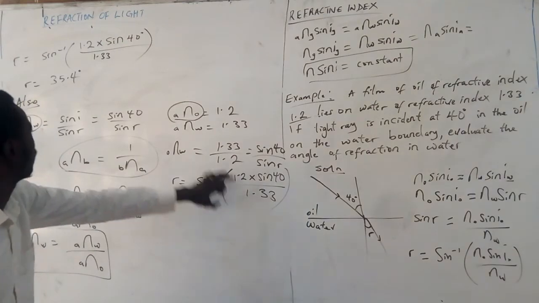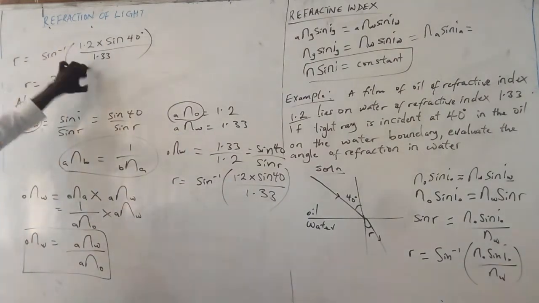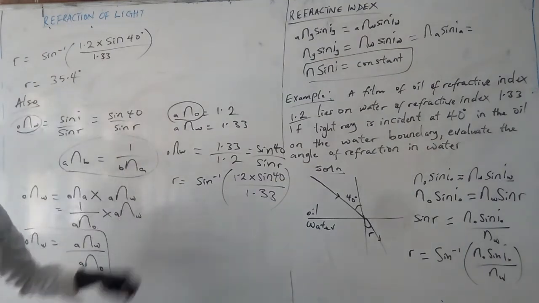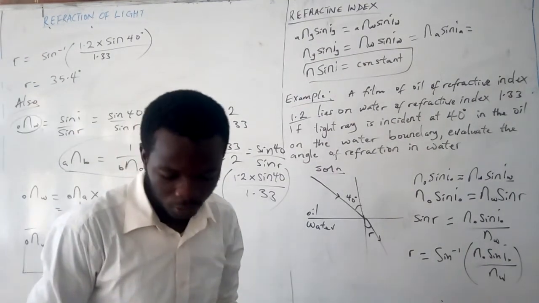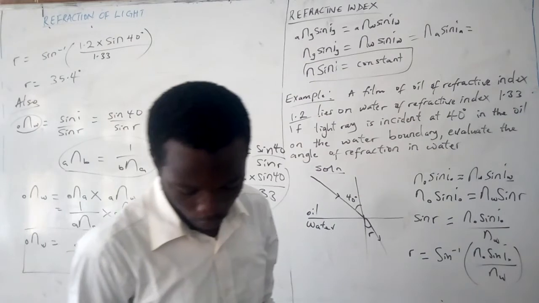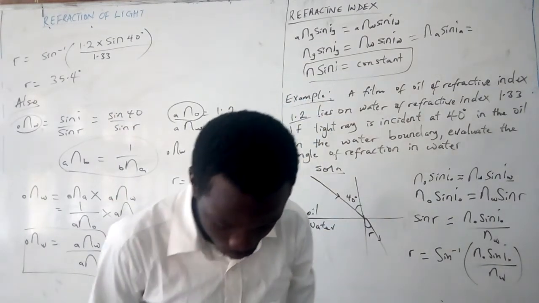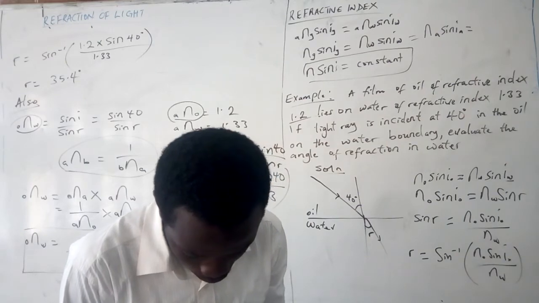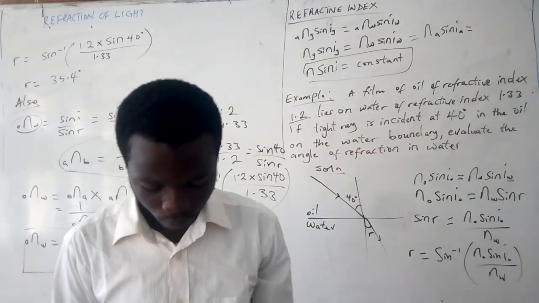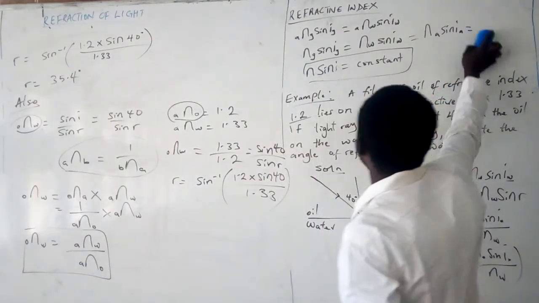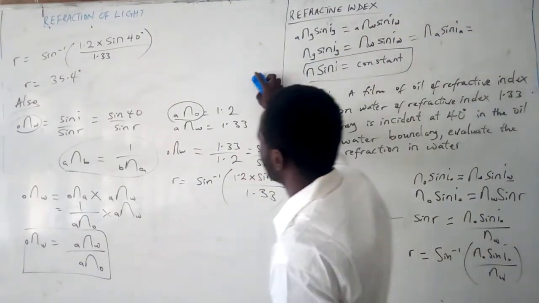So you can see we've come back to this. If you do this correctly, you should have the same answer. So that's the second method we can use to solve questions related to refractive index. So let's take another question.